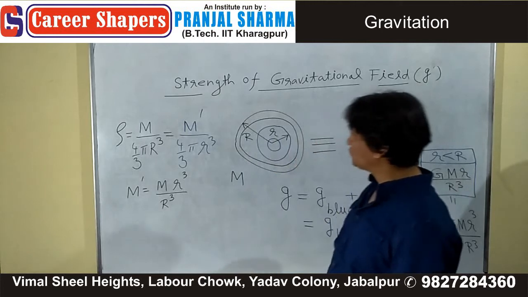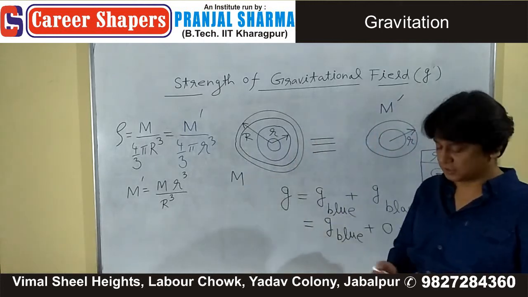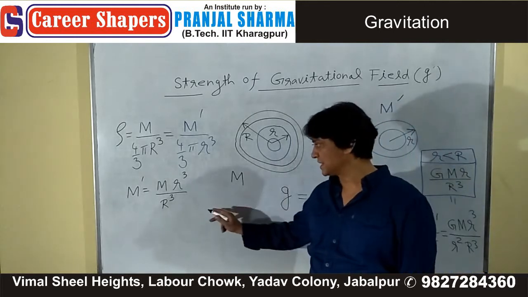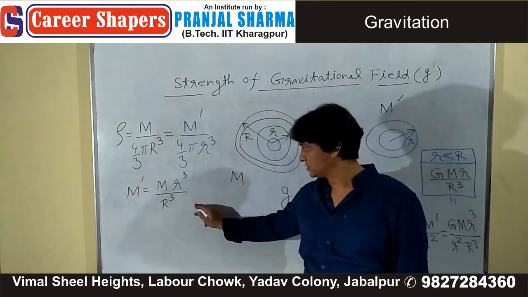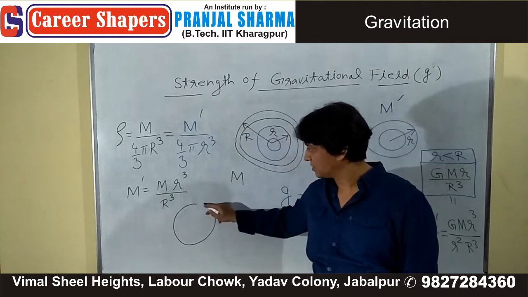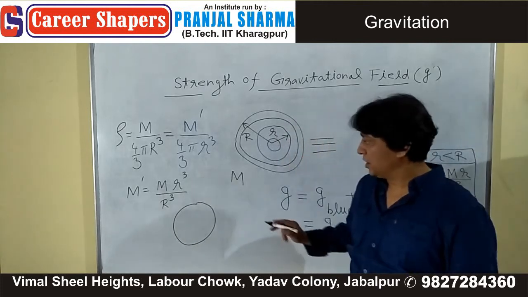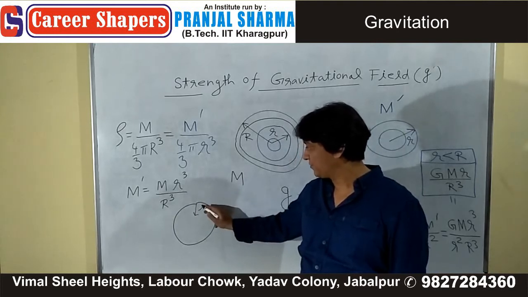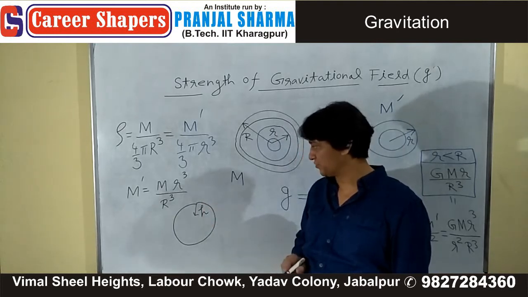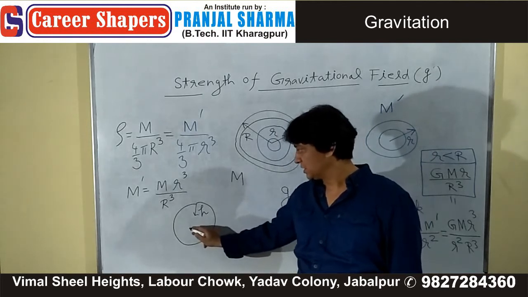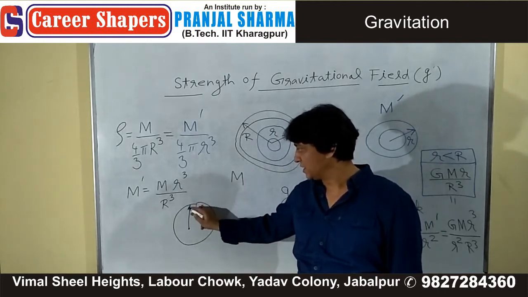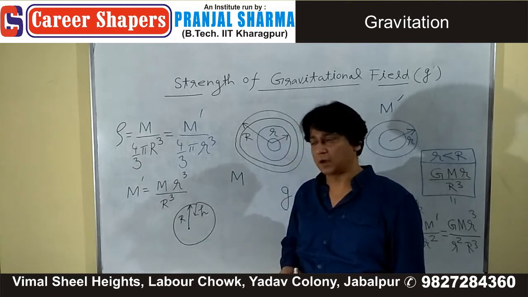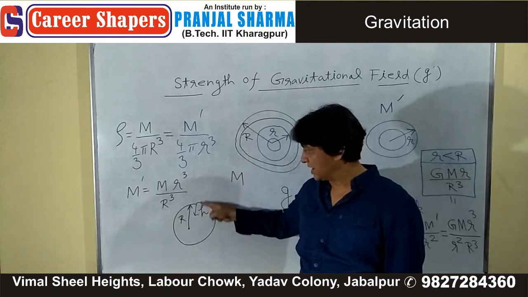Now, let's find out the gravitational field of Earth. If we go for the gravitational field of Earth for inside points, then what we can do is, this is Earth. We need the gravitational field at a depth of h from the surface. From the center, this height is what? R. Depth is what?